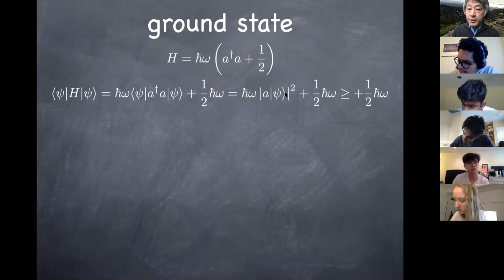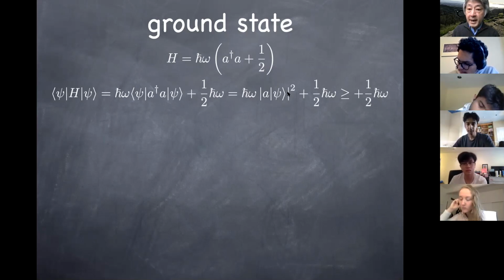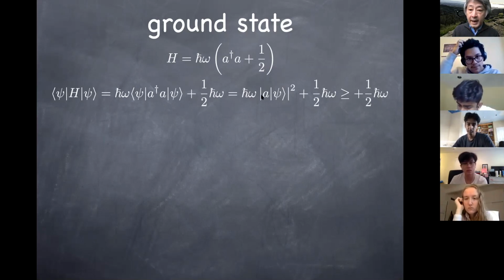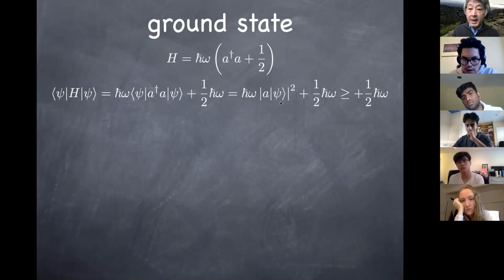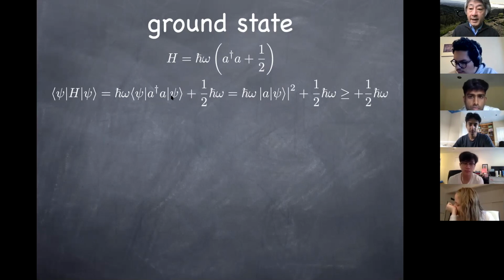So when you take the Hermitian conjugate of A acting on psi, psi ket turns into psi bra, and A turns into A dagger. So this norm of A psi turns out to be exactly this expectation value of the A dagger A operator in the ket psi.